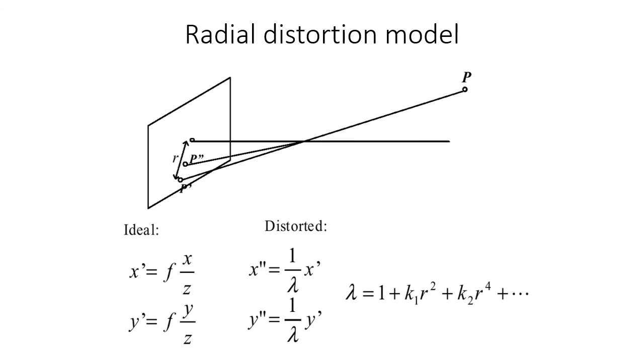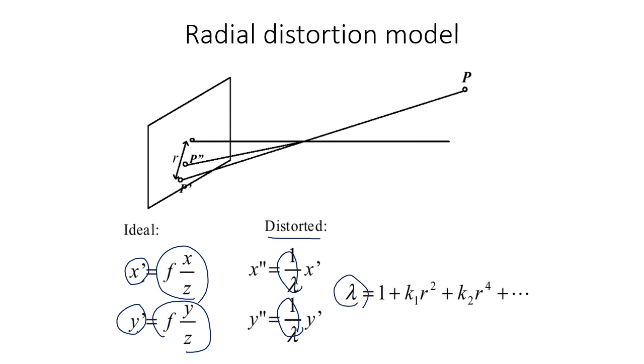Let's see the radial distortion model. Ideally, x prime is f multiplied by x over z, and y prime is f multiplied by y over z. But it is distorted. The amount of distortion is 1 over lambda, and this lambda is a function of r. This r is the distance from the center of the image to this point.